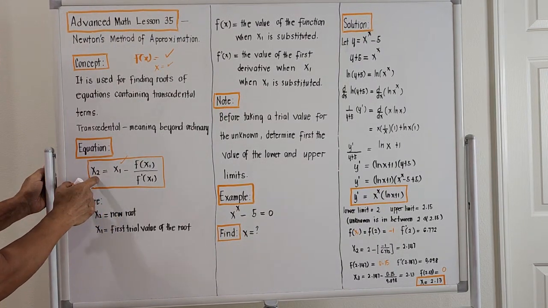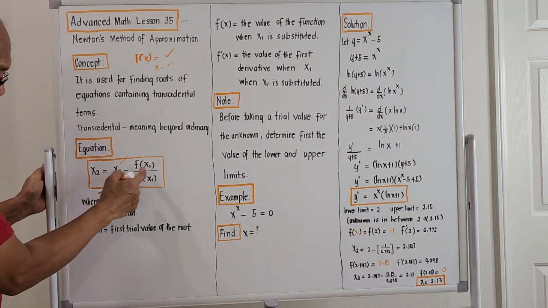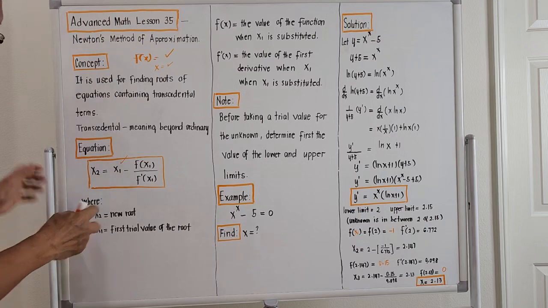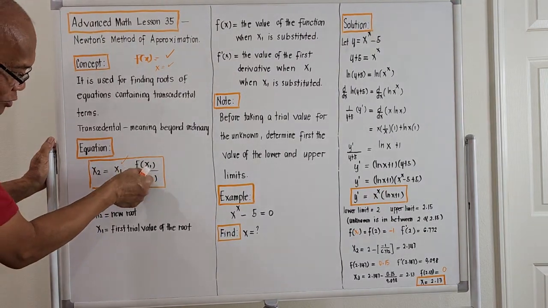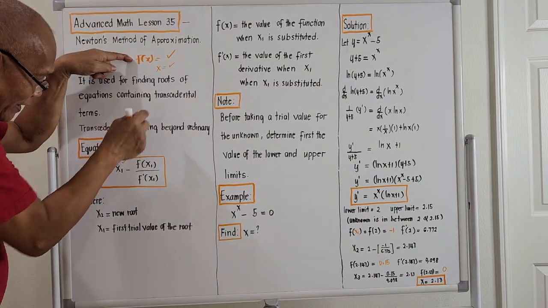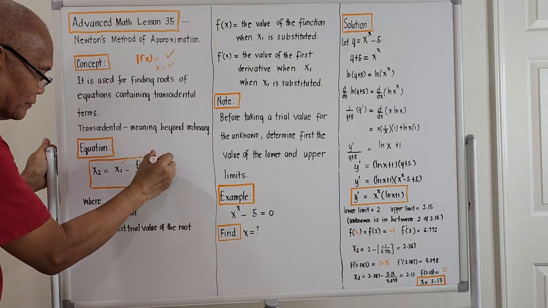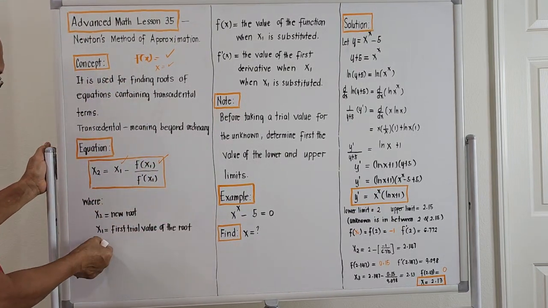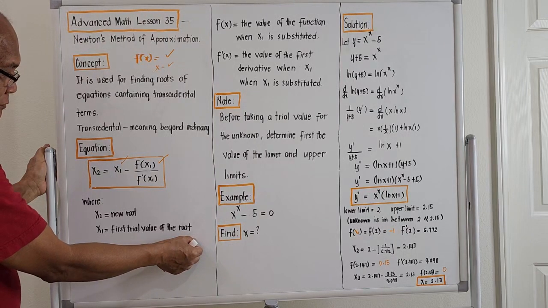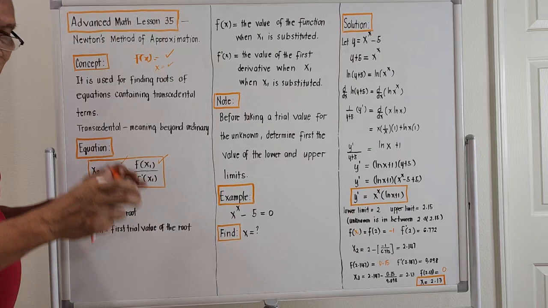That is x2 equal to x1 minus the ratio f of x1 over f prime of x1. The meaning of f of x1 is actually the value of that given function of x when x1 is assumed as x. That's the meaning of this. x1 is the first trial value of the root, and x2 will be the next possible solution.